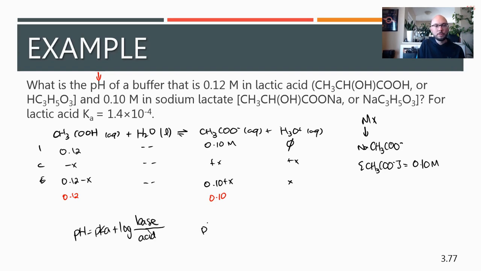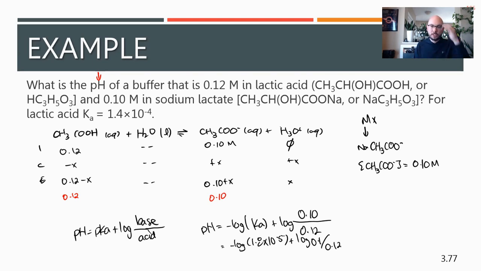So our pH is going to be equal to negative log of our Ka plus log of our base, which is 0.10 over our acid, 0.12. So we get this negative log of 1.8 times 10 to the negative 5 plus log of 0.1 over 0.12.